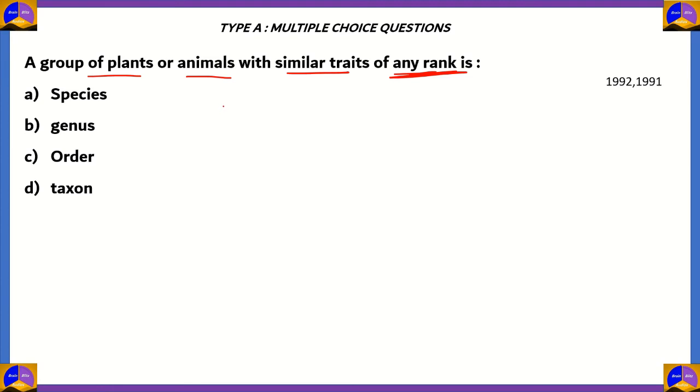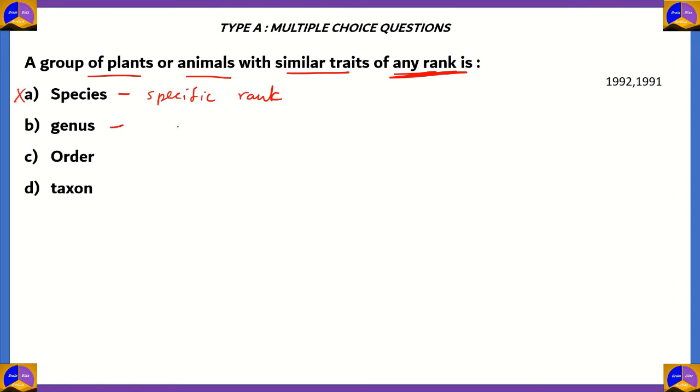Well, if we look at species, the term species itself is a specific rank. So these are organisms, plants, animals, or others, which are able to reproduce freely amongst themselves. So this is a specific rank. So option A is incorrect.